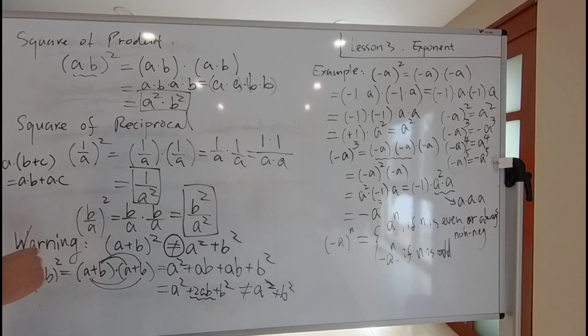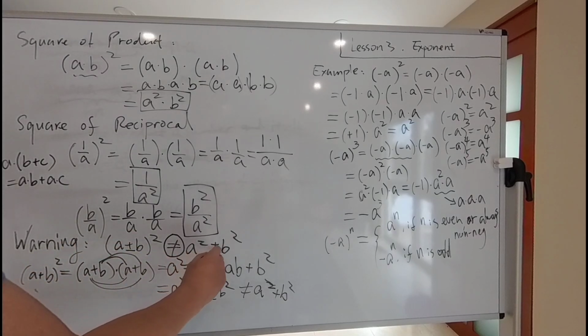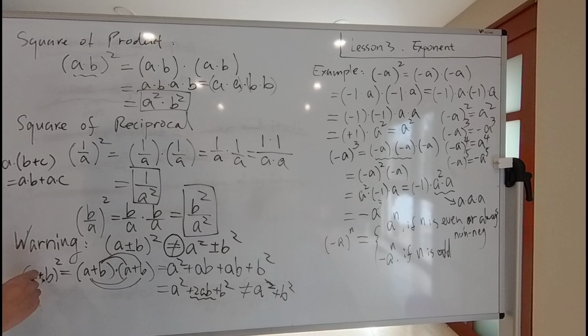Okay, so this conclusion is not only true for the plus sign, it's also true for the minus sign. I can leave this to you for your own practice. Eventually, if you're trying to prove (a minus b) squared, you will get a similar conclusion.